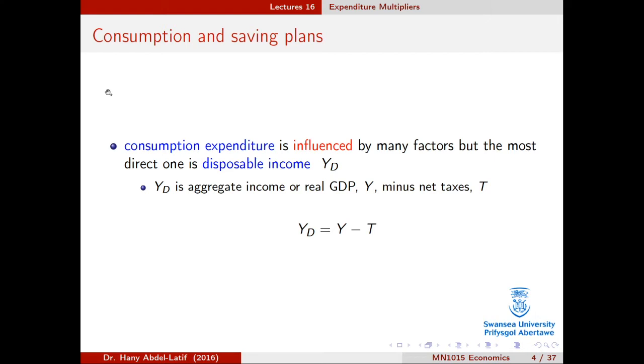Disposable income here is YD, and it equals Y minus T. So Y is income or real GDP, minus T, where T here is net taxes. So that is the main factor that determines the consumption expenditure.